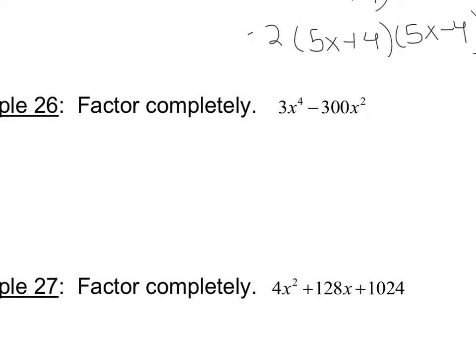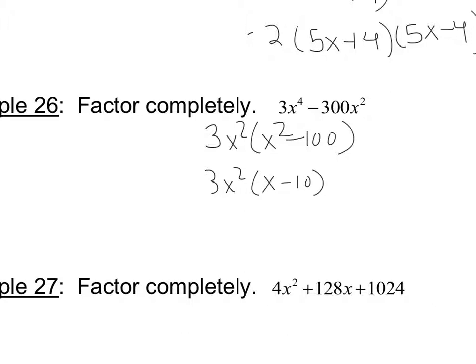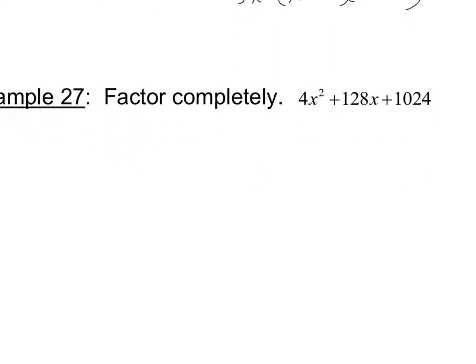So this one, I can factor out a 3 and an x squared, and you're left with x squared minus 100. Both perfect squares again, so it's x minus 10, x plus 10. Okay? Factor out 4, and that's it.